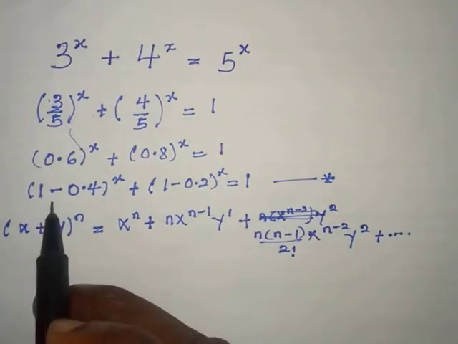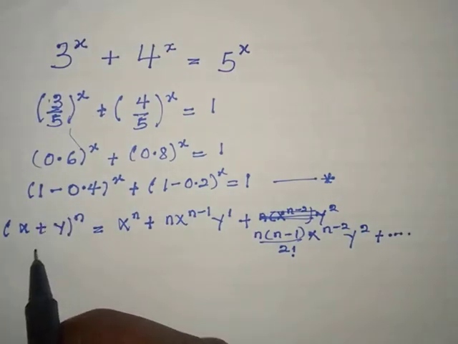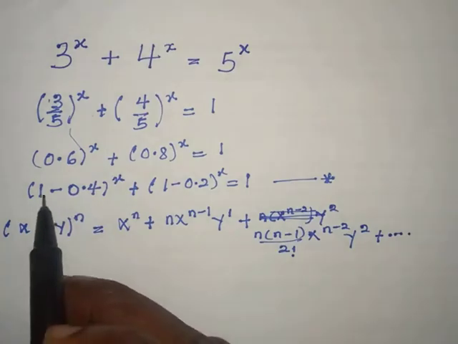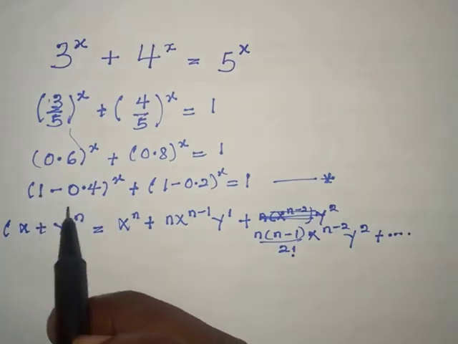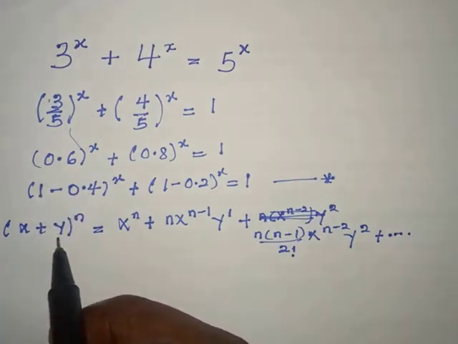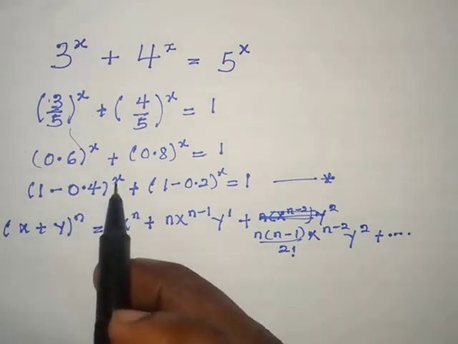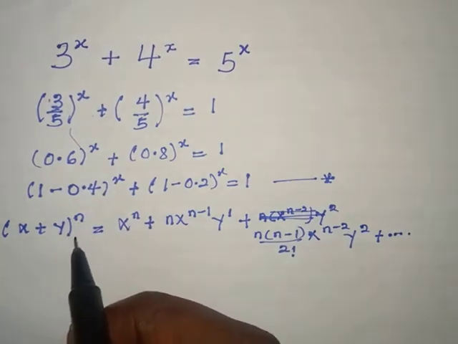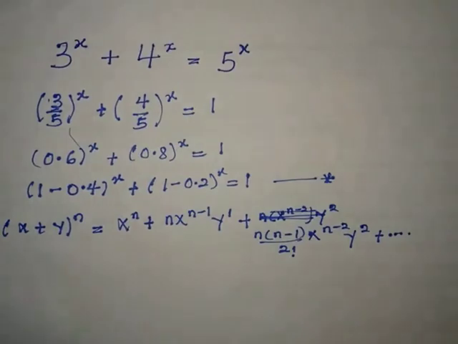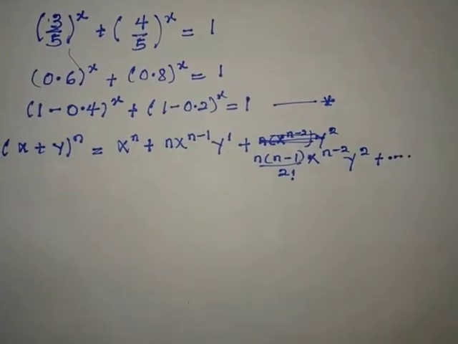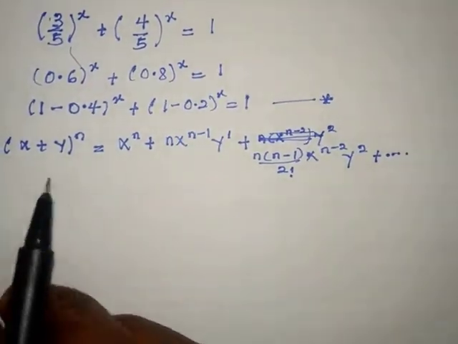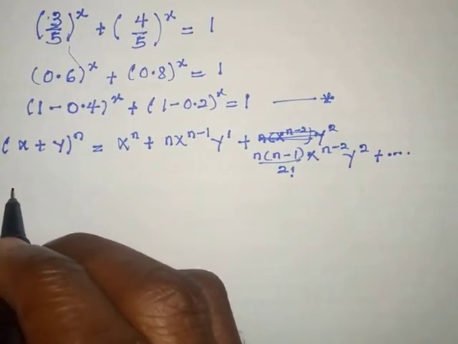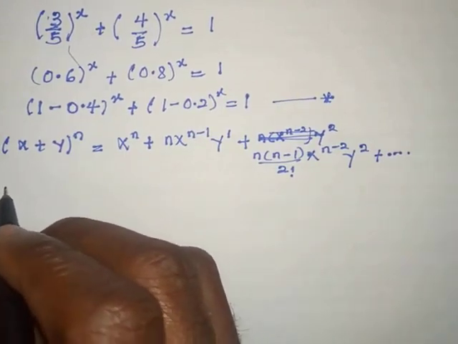So by taking one of these and inputting it here, whenever we have 1 here, 1 is our x, 0.4 here is our y, and x is our n. So let's take it there. I want to convert 0.4 to a fraction.